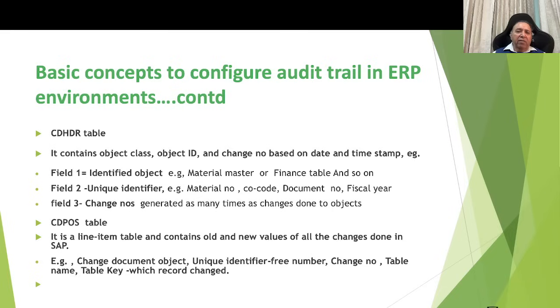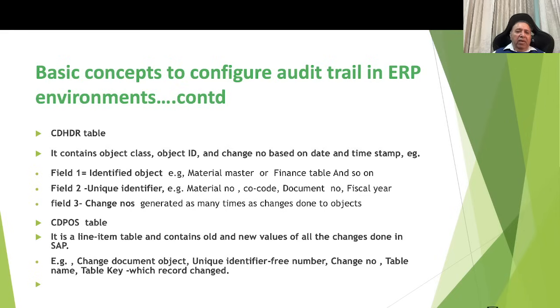These are the unique identifiers in the header table. And number three is the change number, which is generated as many times as any changes are done to these, for example any changes done to the material, to the company code, to the document number, to the fiscal year, to the data in the material master, etc.